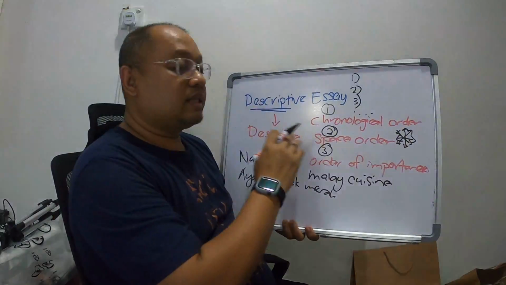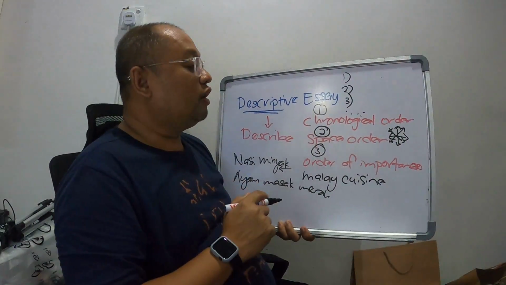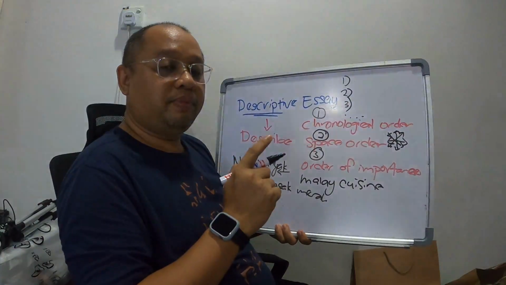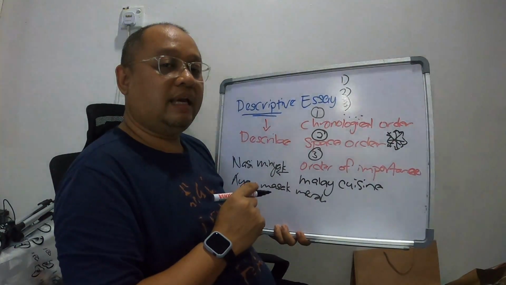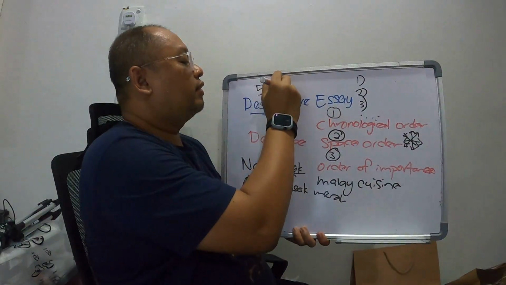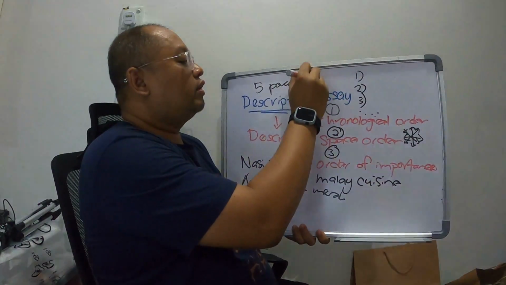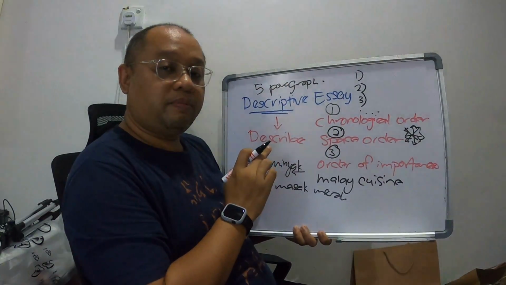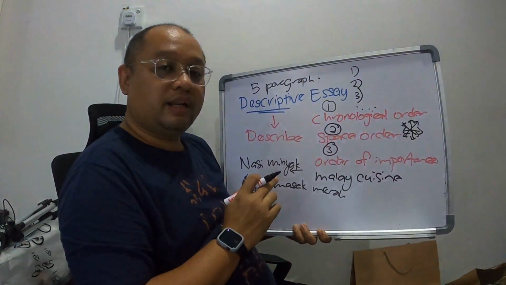So this is about descriptive essay, and please do not forget, in a basic structure of an essay, you need to have at least 5 paragraphs. So you're going to start with the introduction, followed by 3 body paragraphs and the conclusion.